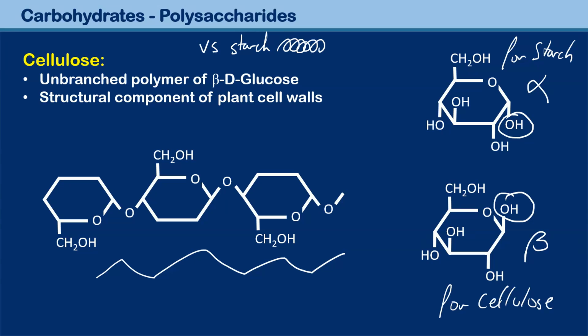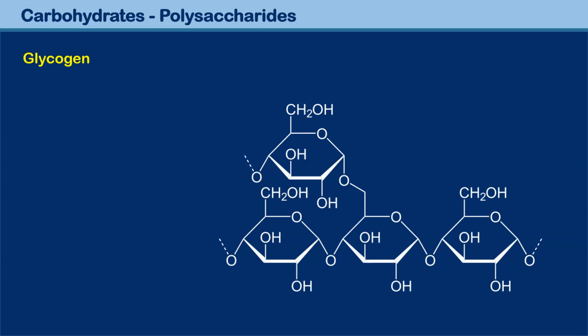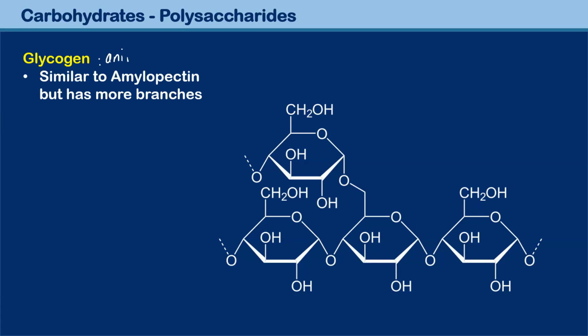So that was already our second polysaccharide, and the third one, the last one, we can keep relatively short. The last one is known as glycogen. If you look at the formula for glycogen, this looks very familiar, because it actually looks like amylopectin. You have the 1,4 links down here and the 1,6 links up here, but the difference is that it's simply more branched. Glycogen is also known as animal starch.